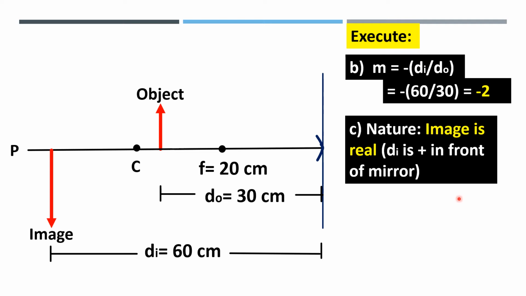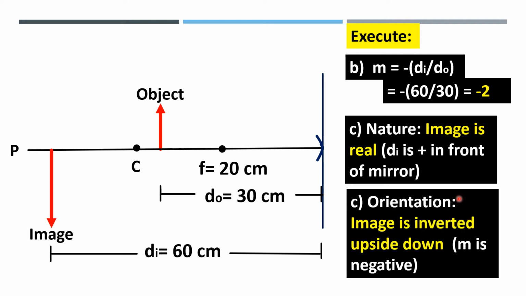So, how about the orientation? The orientation is based on the computed value of m, the sign of the magnification, whether positive or negative. Since what we got is negative 2, that suggests that the image formed is in fact inverted, upside down, and that is supported by our ray tracing diagram.